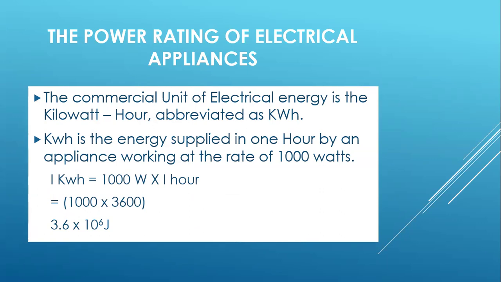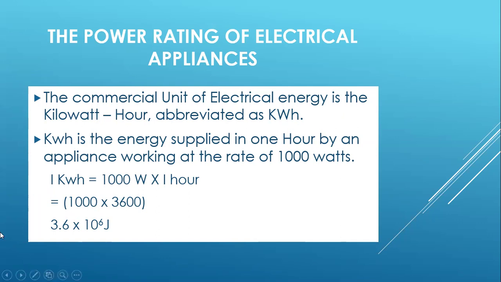So the commercial unit of the energy that various electrical appliances use is the kilowatt hour. The kilowatt hour is the energy supplied in 1 hour by an appliance working at the rate of 1,000 watts.